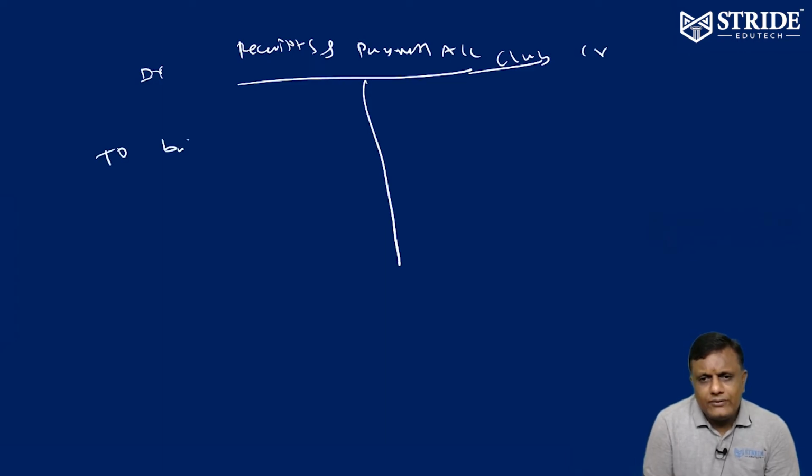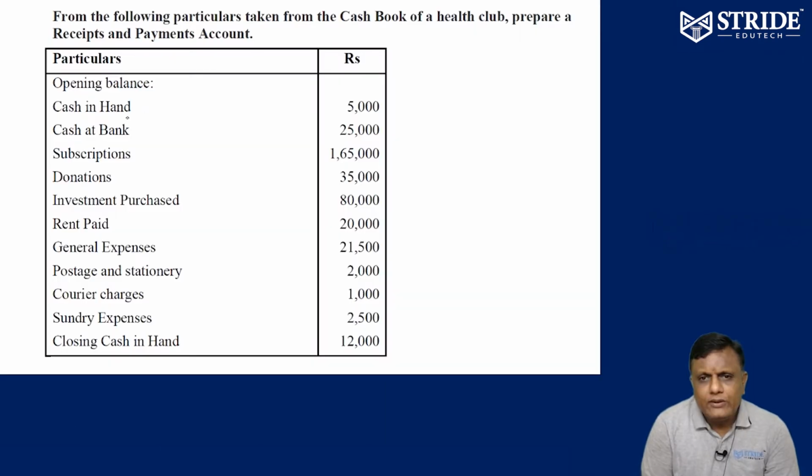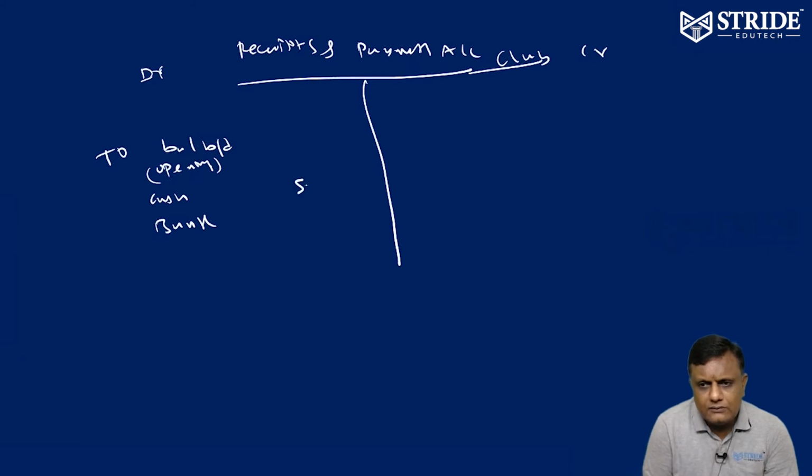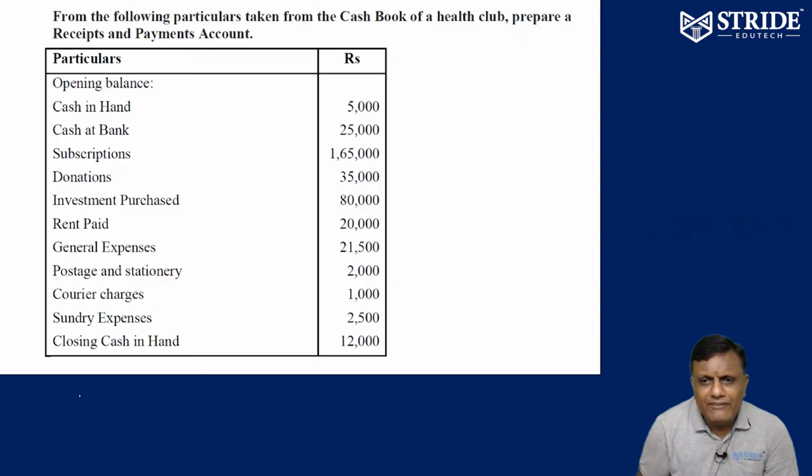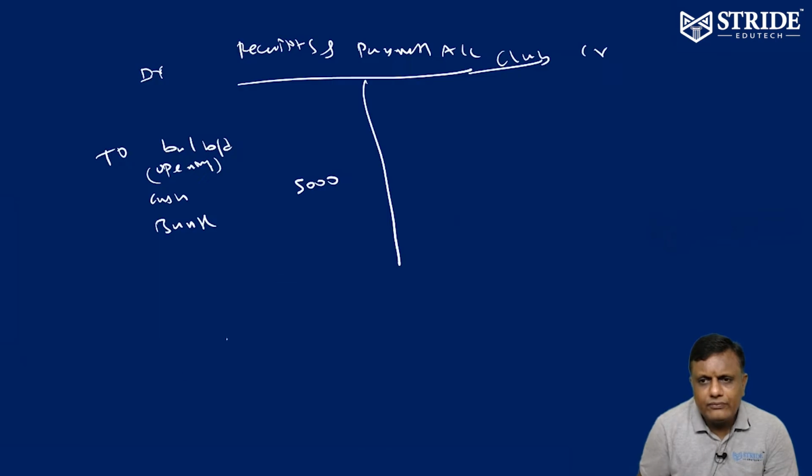So, to balance brought down, that is the opening. To balance brought down means opening cash and opening bank are to be recorded if available. Opening cash available, yes, we have 5,000. Opening bank available, yes, we have 25,000.